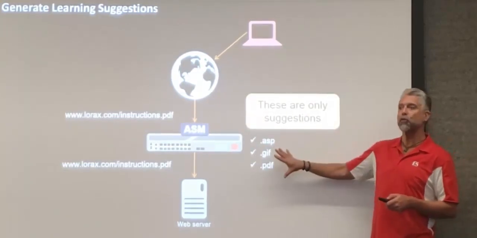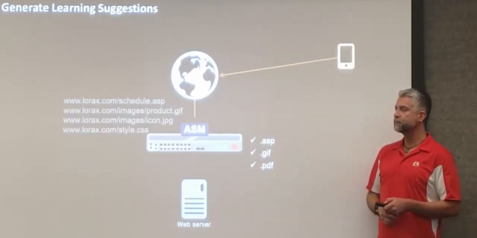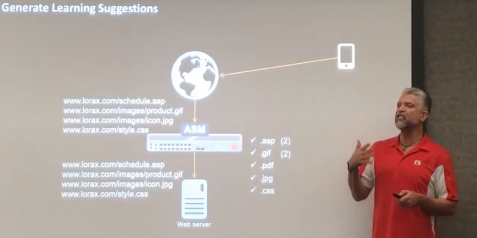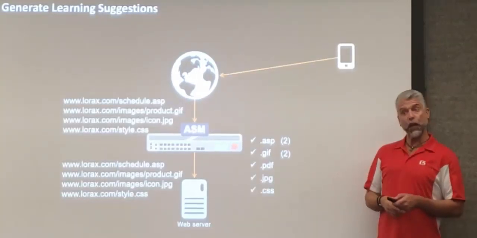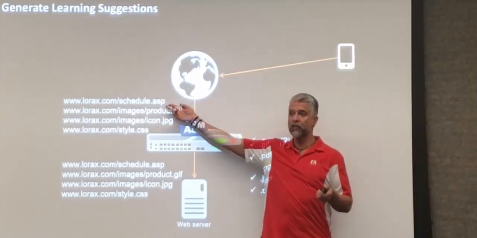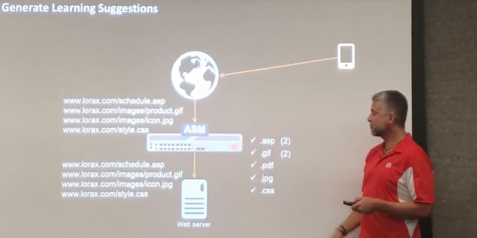But it's important to note, these are only suggestions. And as we continue to see the same file types requested more than once, this user also requested an ASP file type and a GIF file type.